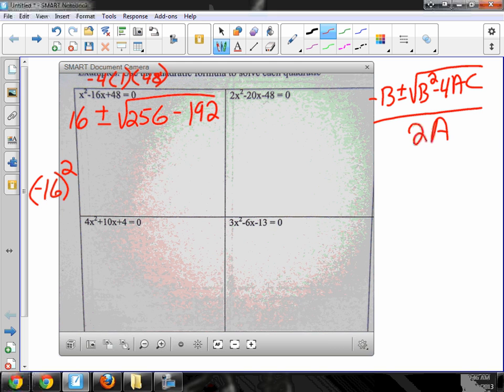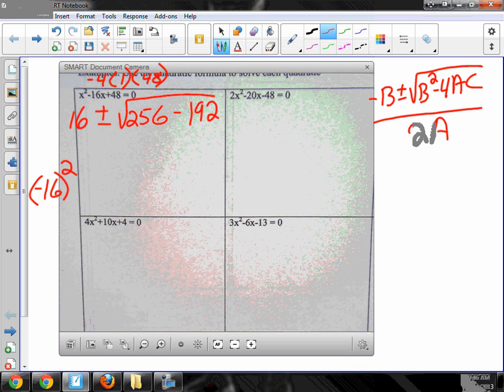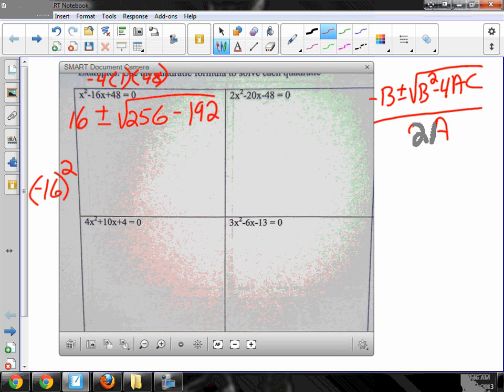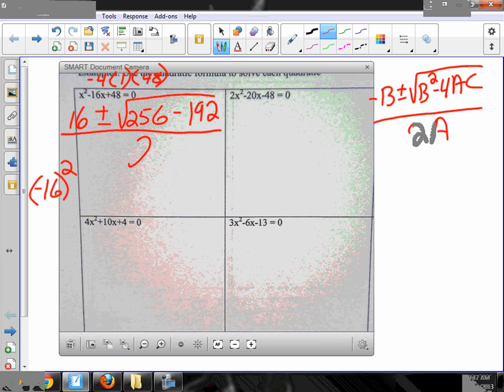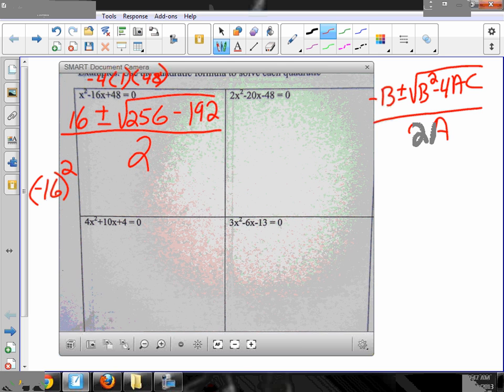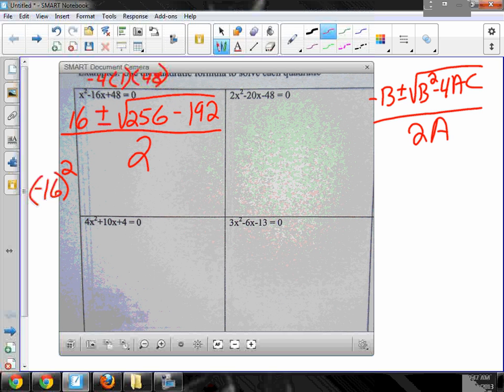No, that's not right. What is it? What's 4 times 48? 192? Oh, great. Over 2 times a, it's just 2 because a is 1. What is 256 minus 192? 64?